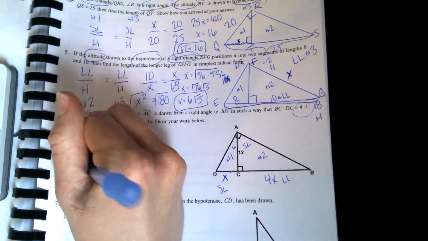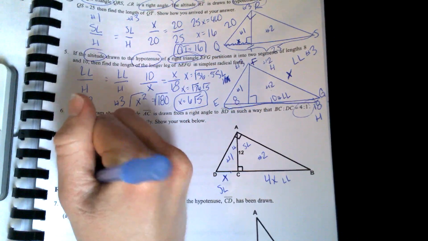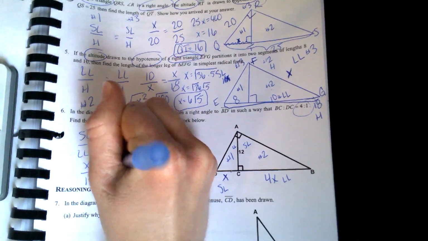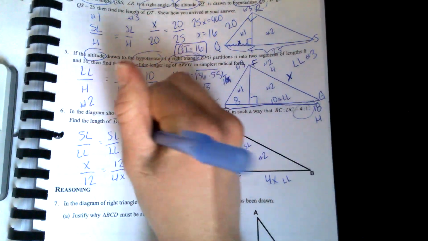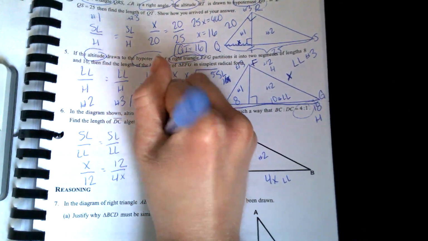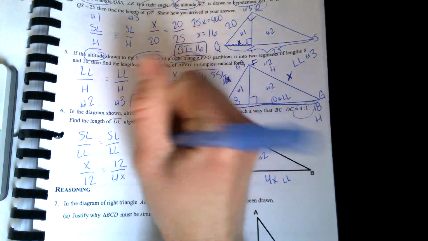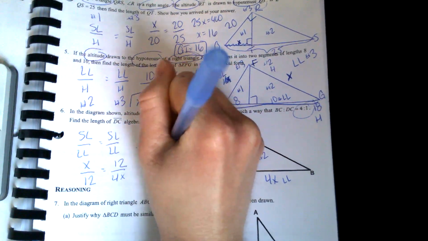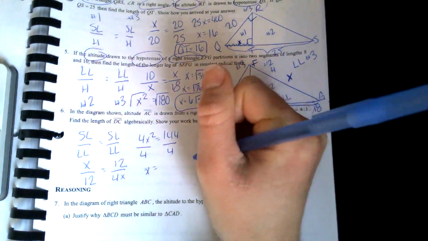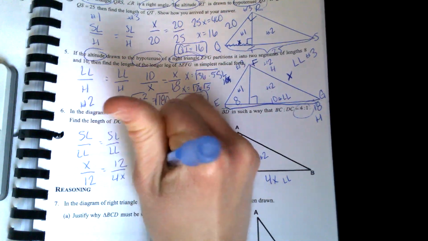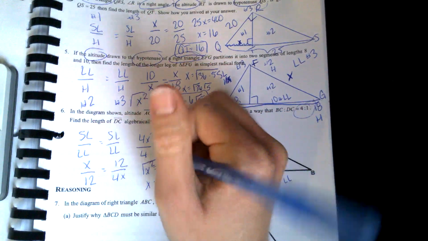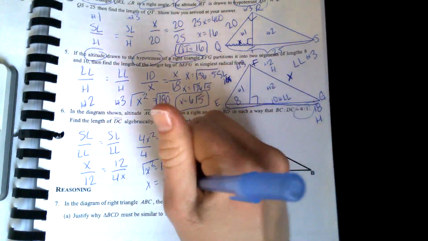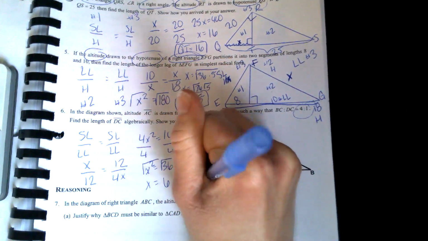All right, so x over 12 is equal to 12 over 4x. Okay, so x times 4x is 4x squared is equal to 144. Divide by 4 first. So x squared is equal to 36, square root, so x is equal to 6. So the length of DC is equal to 6.